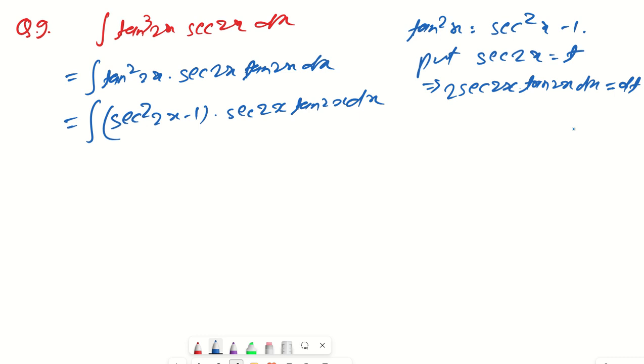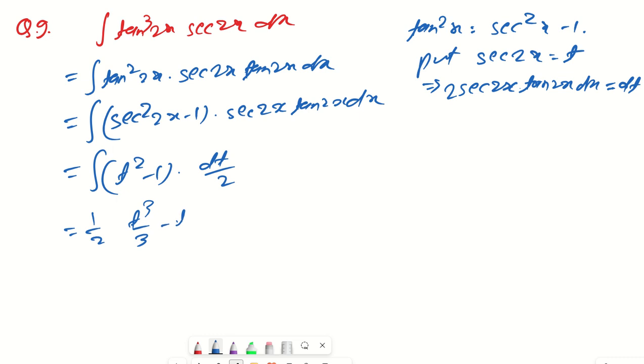So we are going to write it down here now. From the putting, sec square 2x can be written as (t square minus 1) into dt by 2. Okay. Now I can write it down 1 by 2 times, t square integration is how much? t cube by 3, minus 1 integration is how much? t, plus some constant c.